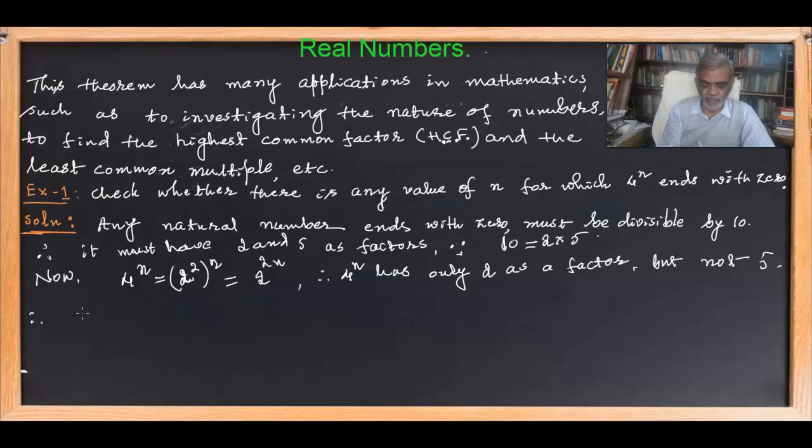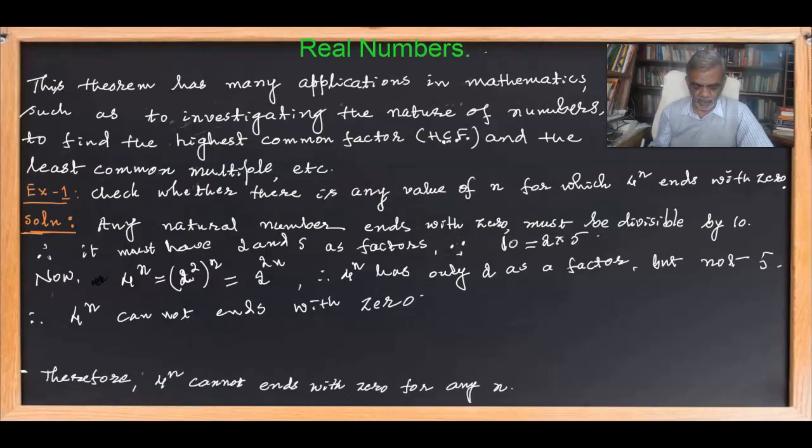And therefore 4 raised to n cannot end with 0. And hence 4 raised to n cannot end with 0 for any n.